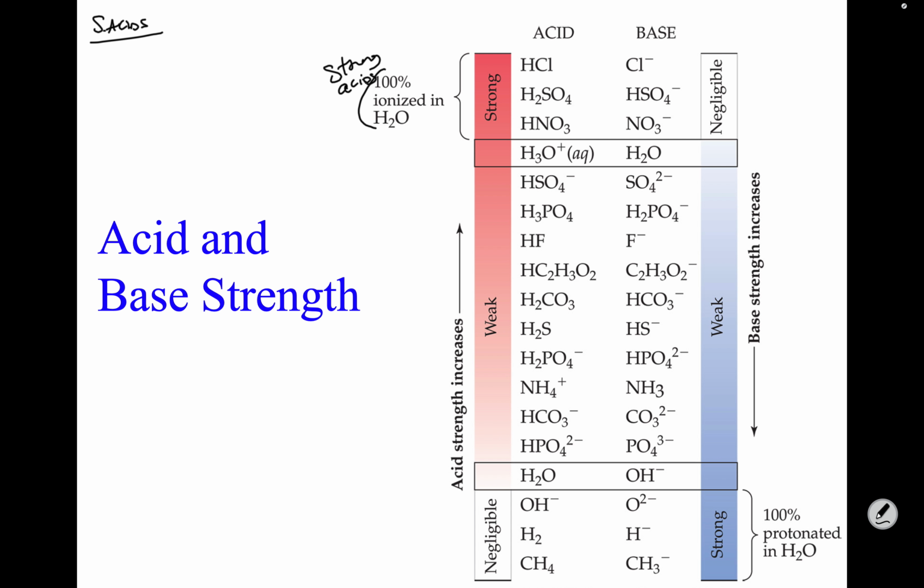So our strong acids, there are 3 binary strong acids, right? HCl, HBr, HI, all aqueous. And there are 3 oxyacids that your text considers strong.